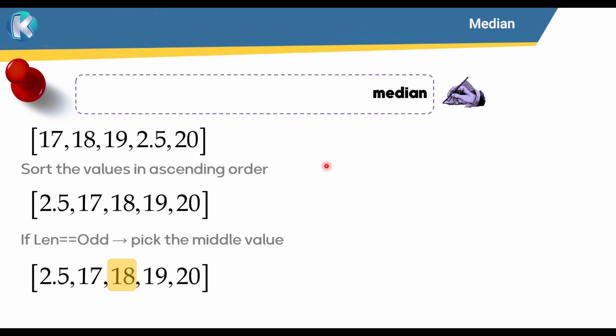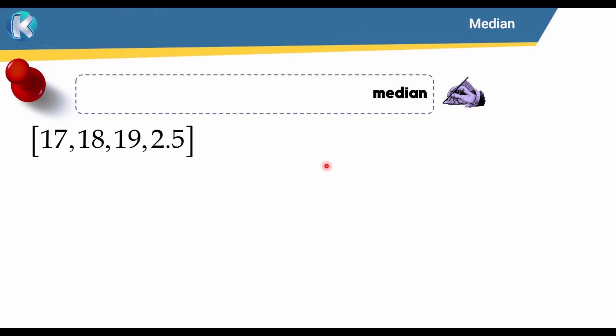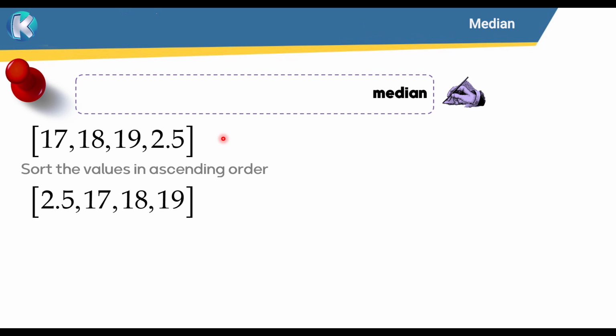But what would happen if the len of data is not odd and it's even? Consider this example. You can see that we have 1, 2, 3, and 4 data, and it is very obvious that 4 is an even number. The first step is to sort the values in ascending order. So let's do it. You can see that we have sorted the values in ascending order.